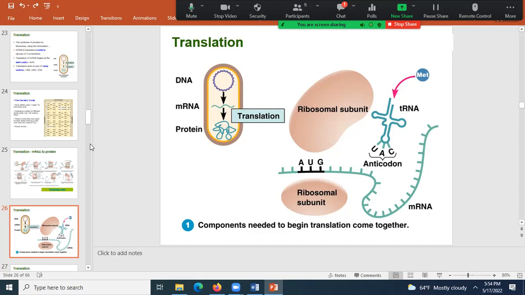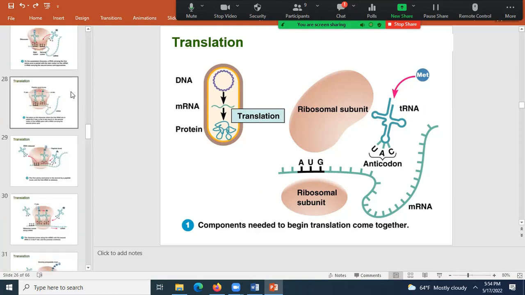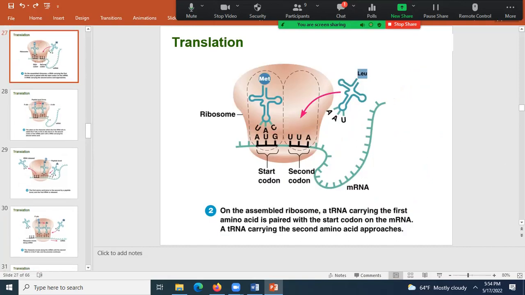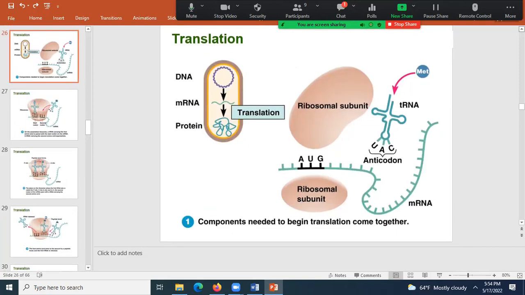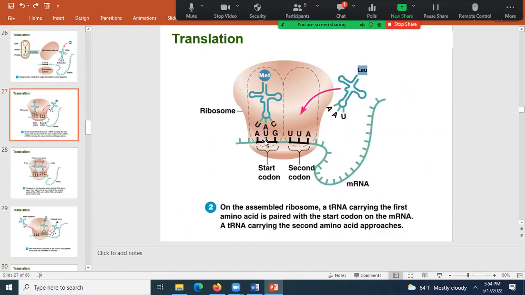Let me see if I got that shown on the next slide. Yeah, right there. The ribosome puts it all together. When it's bound to the messenger RNA, it has two channels or holes in it, and the tRNA comes in that channel.